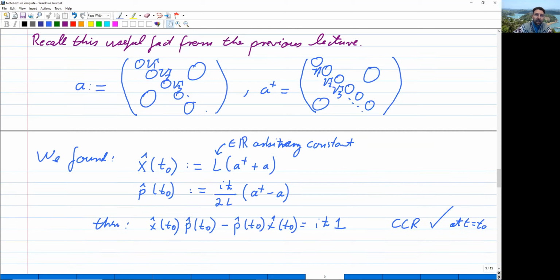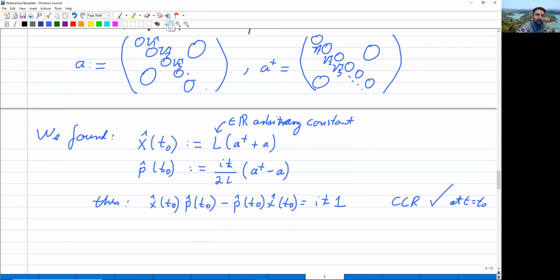By writing down x hat of t naught as this matrix and p hat of t naught as that matrix, we have indeed solved the quantum mechanical problem, at least for some point in time that we may choose to be the initial time where we start our solution. So what we have found is a solution for time t naught. We have not solved the dynamics yet, but we have solved at one point what it is.